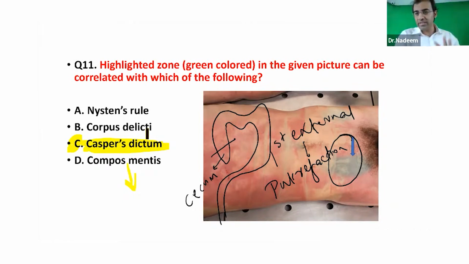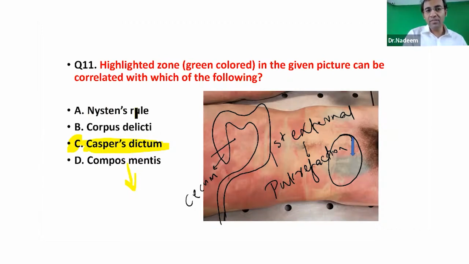If he wants to confess anything, anyone can record it. But it is the duty of the doctor to certify that before giving the declaration, the person was mentally sound and completely conscious. This is called compos mentis.